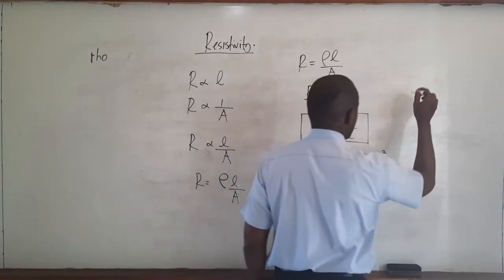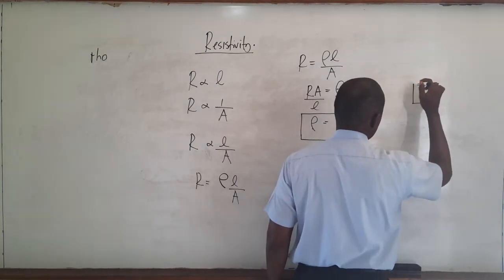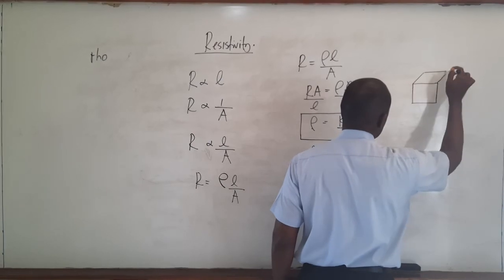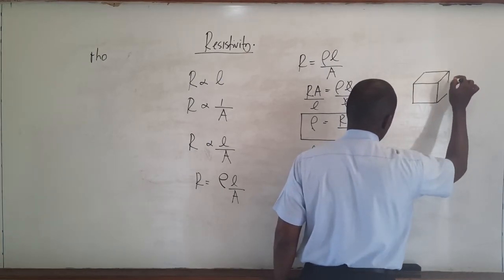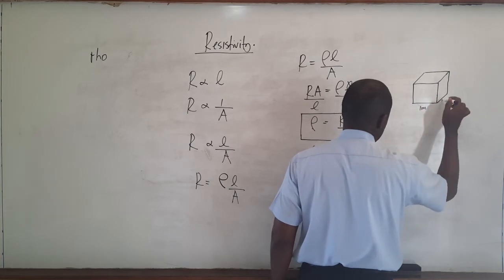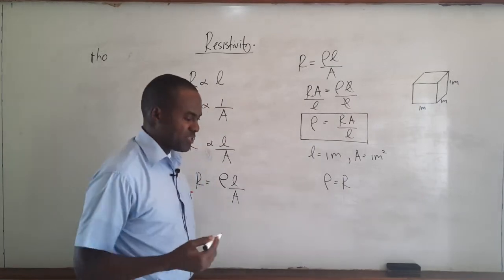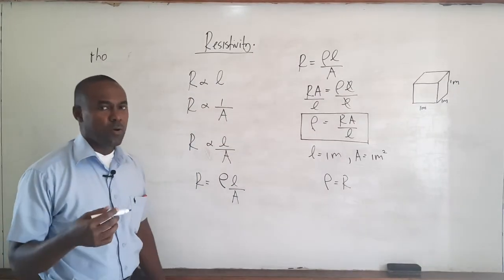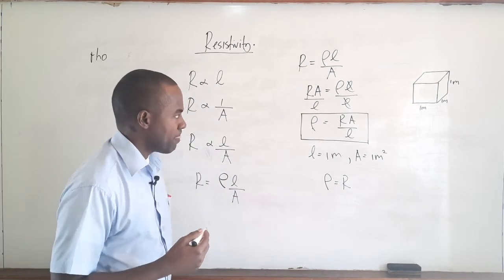All right? So basically, if we have a cube of any given material of sides 1 meter, then the resistance of that piece of material will be numerically equal to the resistivity of the particular material from which it is made. All right?